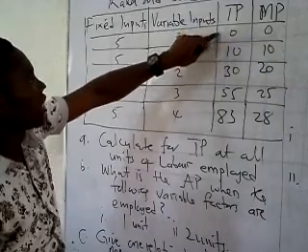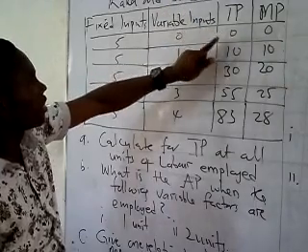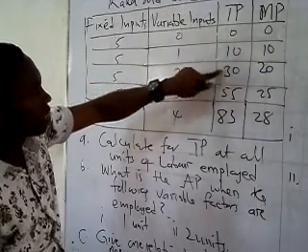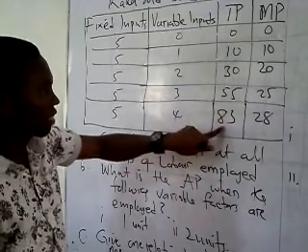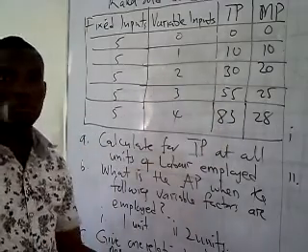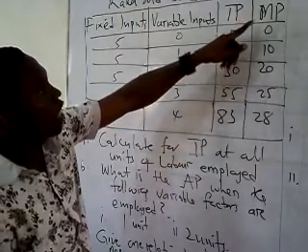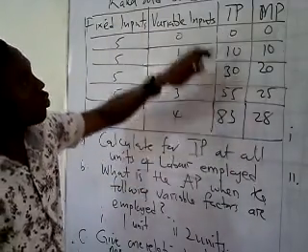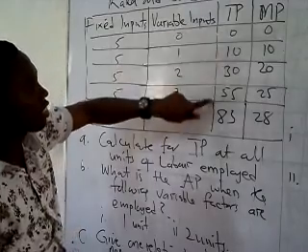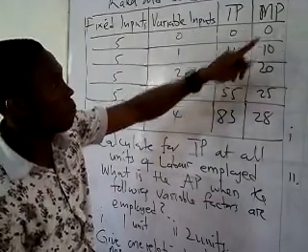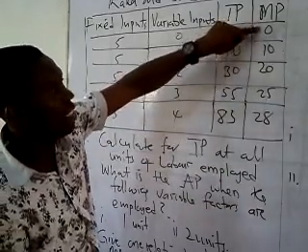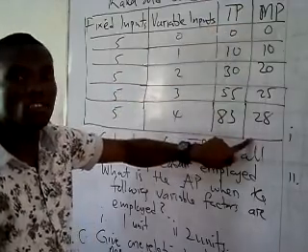Total product initially was 0. It increased to 10, 30, 55, and 83. So one relationship that we can deduce from this table is that as marginal product increases, total product increases more than the marginal product. So marginal product increases at a diminishing rate.